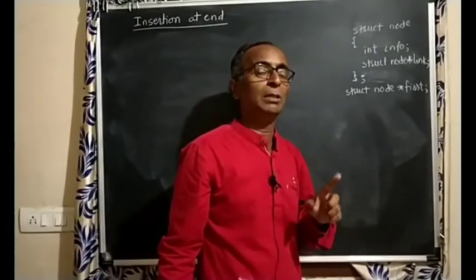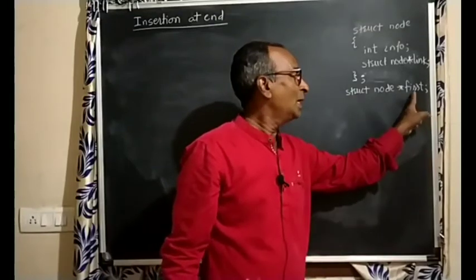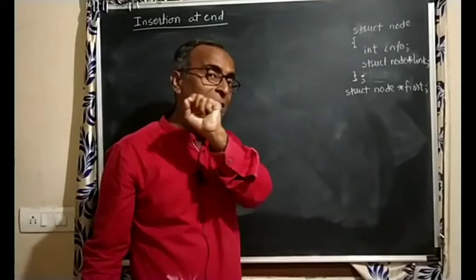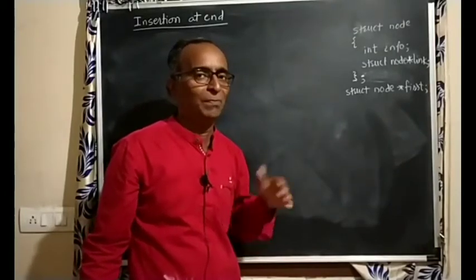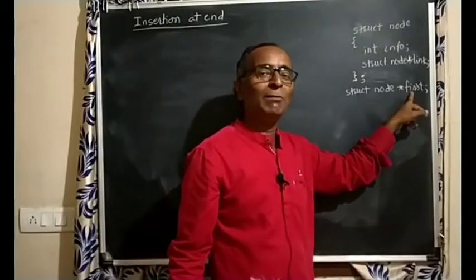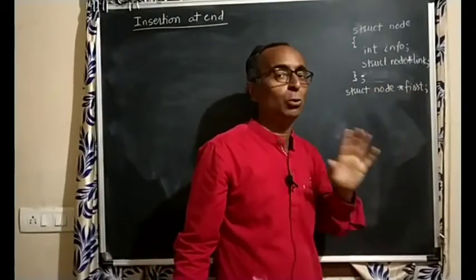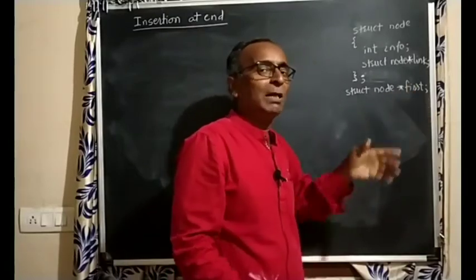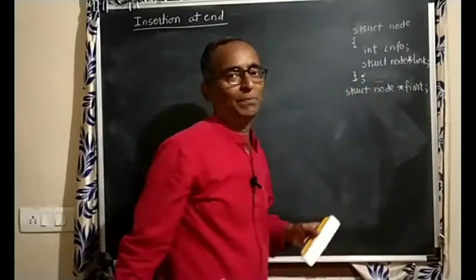Earlier, we gave first explicitly as null, right? When it was local to main. But now as it is a global variable, it will be initialized automatically, to null. There is no requirement that you should give null here, right?